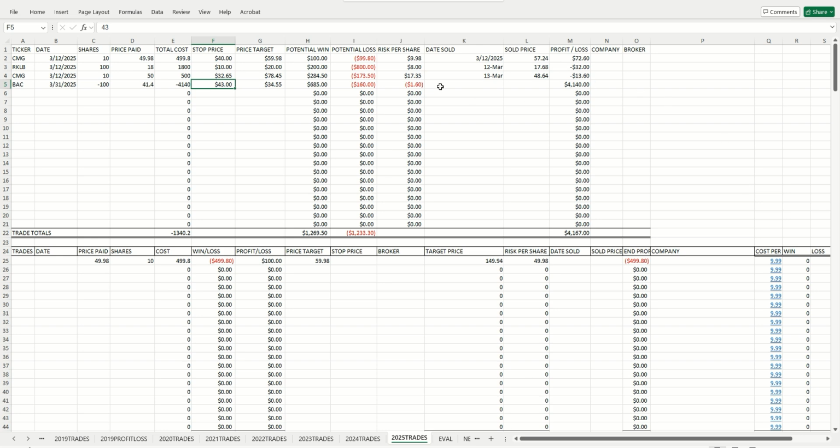So we have the trade that we're putting on. We're buying our shares. We're setting our buy order at 41.40. We got our stop at 43. Because we're going short, we got a stop at 43, and we got our price target of 34.55.